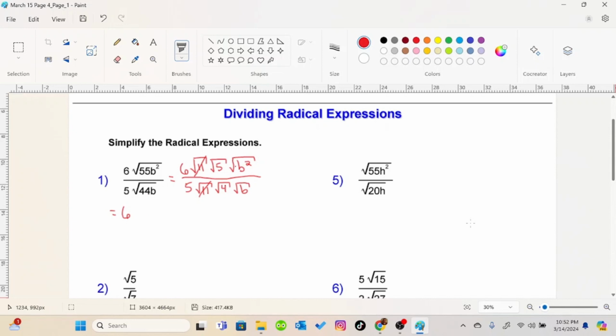The square root of b squared is b. On the bottom, the square root of 4 is 2.